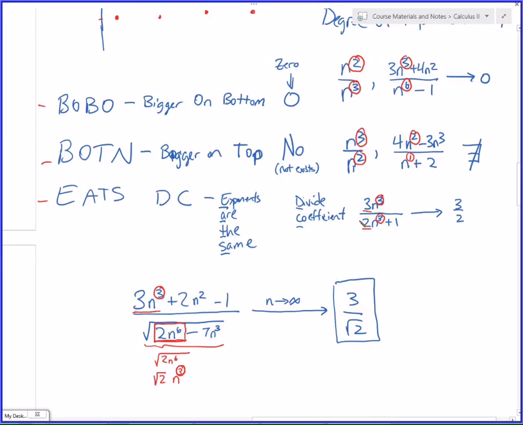So it's what happens at infinity that you really care about. So that's why we only consider the highest degree. Only consider the highest degree or exponent, if you need to remember that. All right. So that'll come in helpful anytime you have to take limits at infinity, and we'll see that multiple times throughout this class.